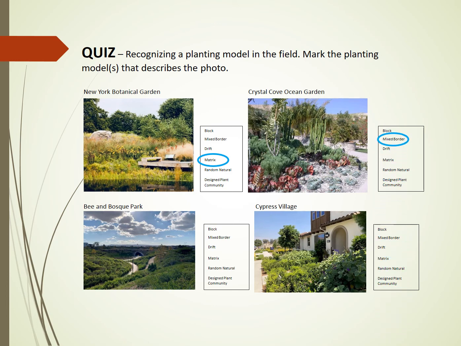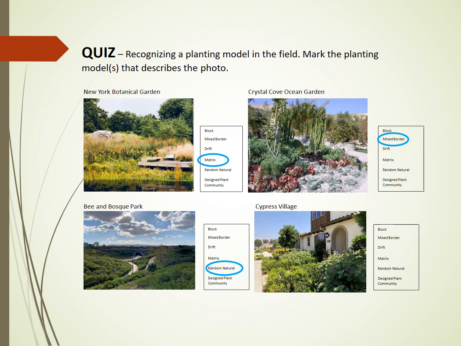You can sort of trace your finger around the shapes where each plant is located. So I would call this one a mixed border planting model.